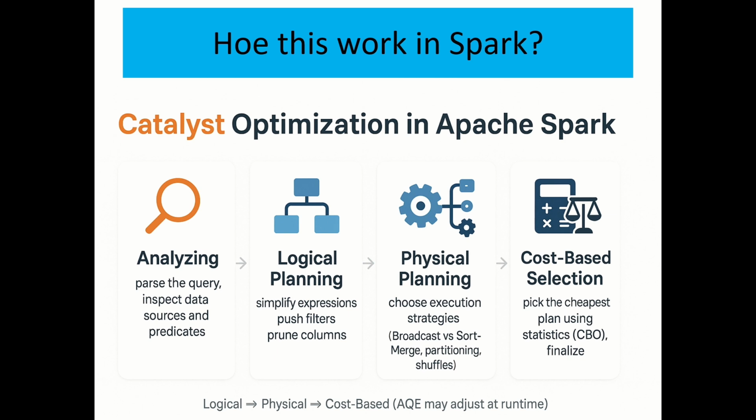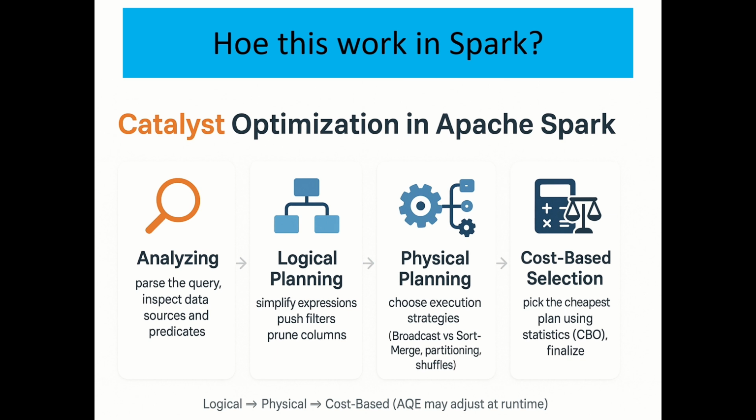Let me give you an example. Suppose in your script you have used a join, so what kind of join will it do? Suppose it has prepared one plan where it is doing a broadcast join, and another plan where it is doing a sort merge join, different types of join. Now in the last stage it will do the cost based selection.